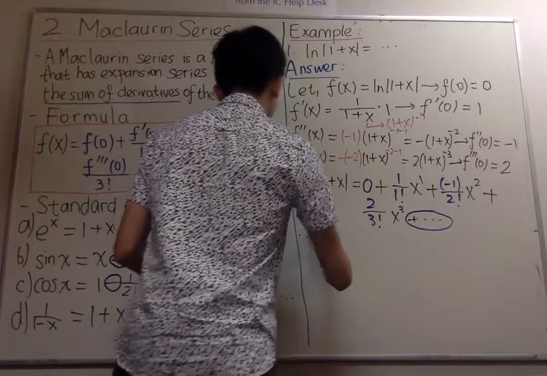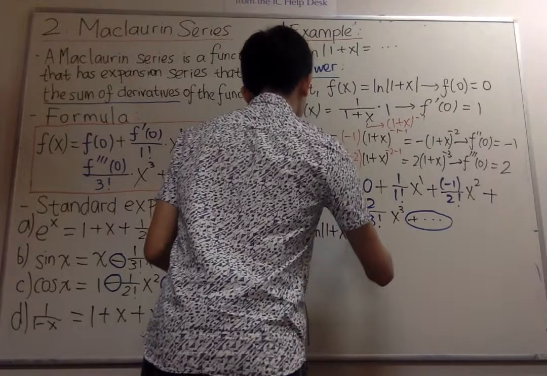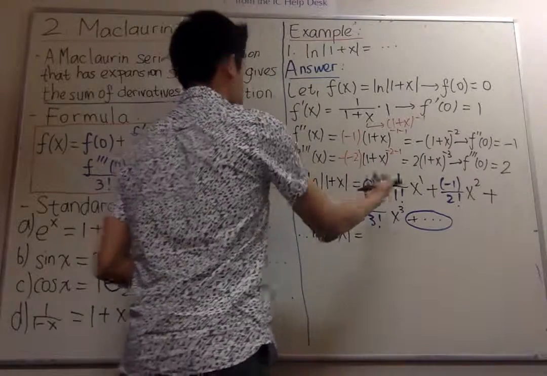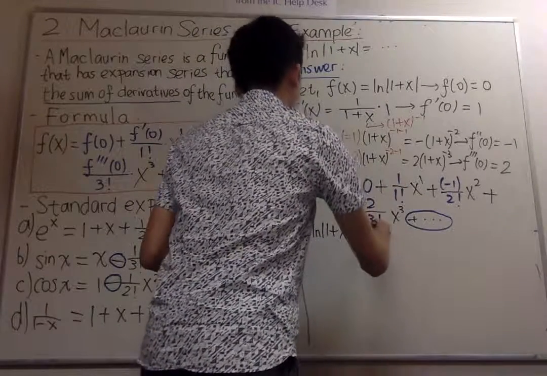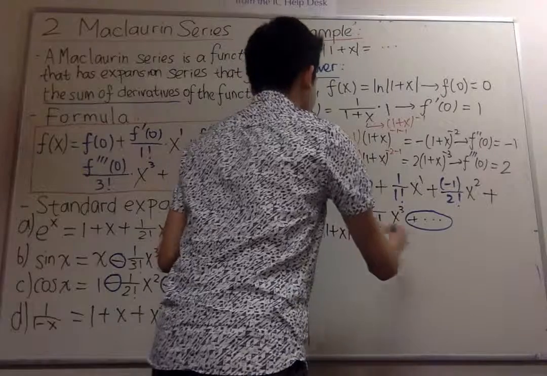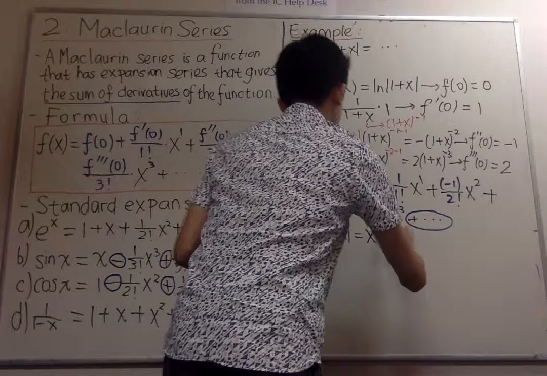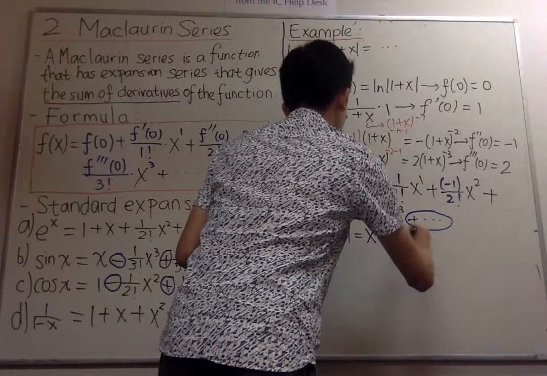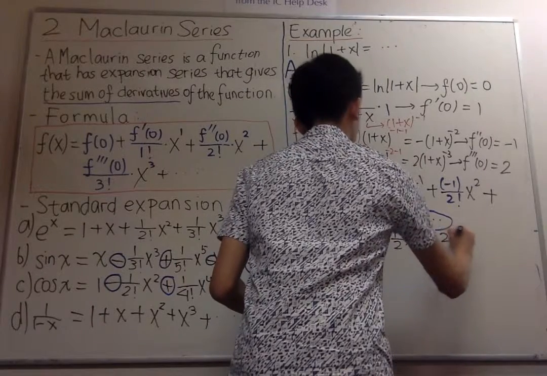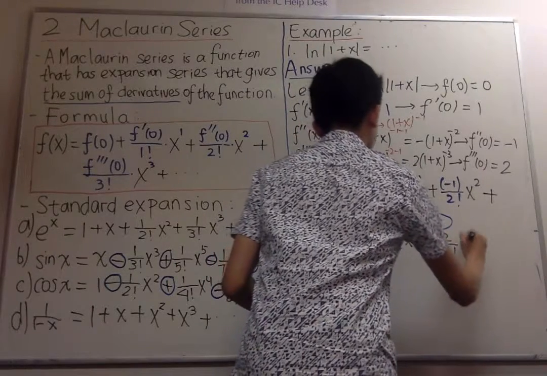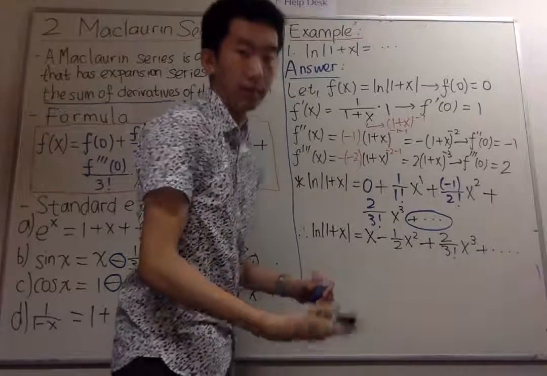So in conclusion, now we have learned that ln of 1 plus x is equal to 0 plus, simplifying this, 1 times x, which is equal to x, and now we have negative one half of x squared plus 2 over 3 factorial of x to the power of 3 plus so on and so on.